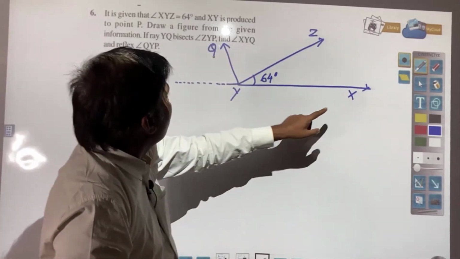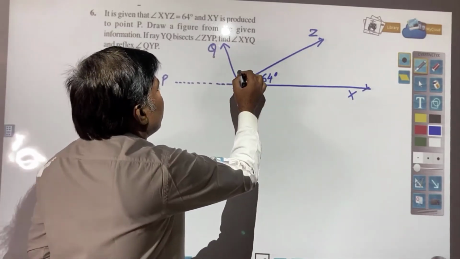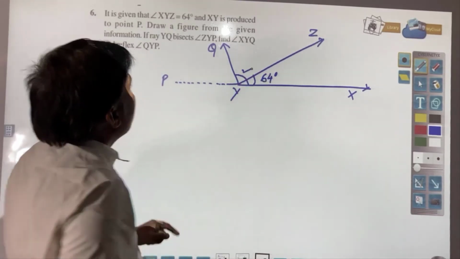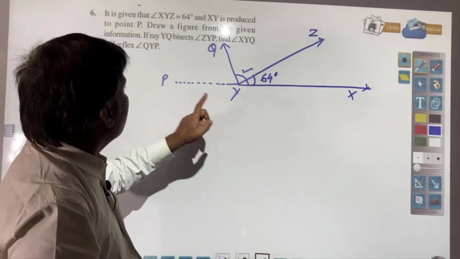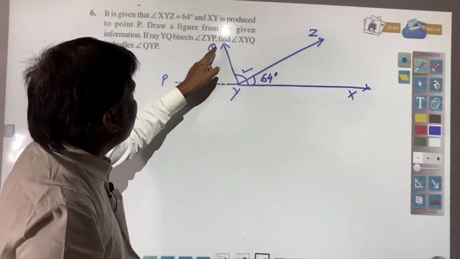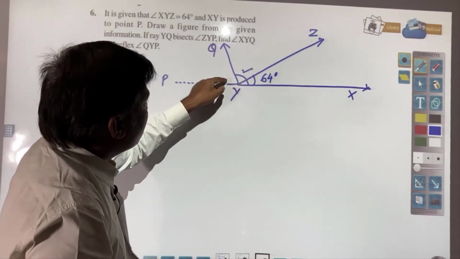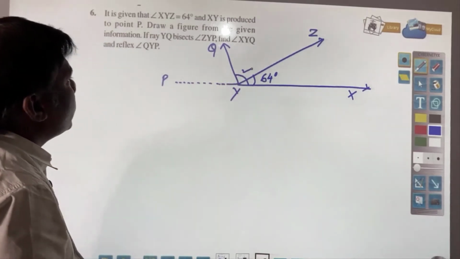We need to find out this angle XYQ, and the reflex of QYP, this angle. So first we will find out this angle. How we will find it, just see.